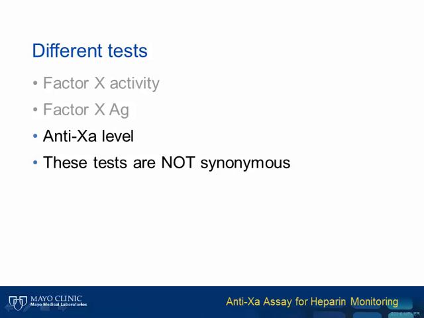These anticoagulants may require monitoring for certain special patient populations and in certain clinical conditions. Each anticoagulant requires its own anti-10A calibration curve, and the appropriate anti-10A assay must be requested from the laboratory. While the principles of the test remain the same, this presentation will only refer to the anti-10A assay for unfractionated heparin monitoring.